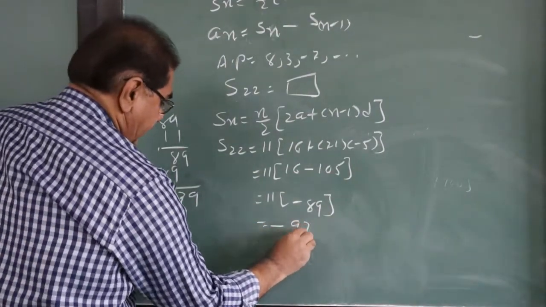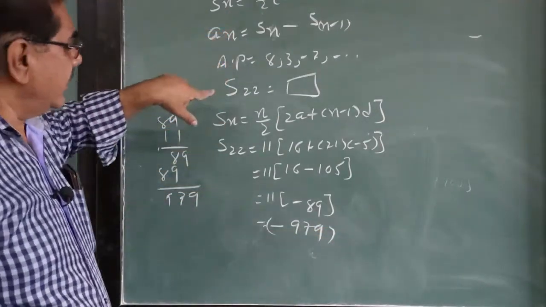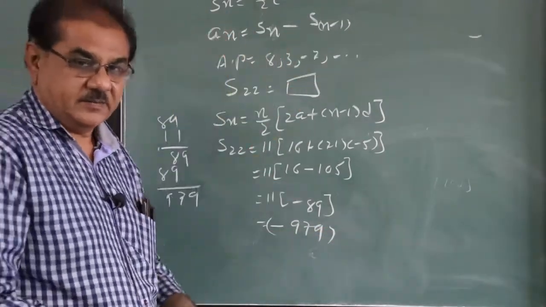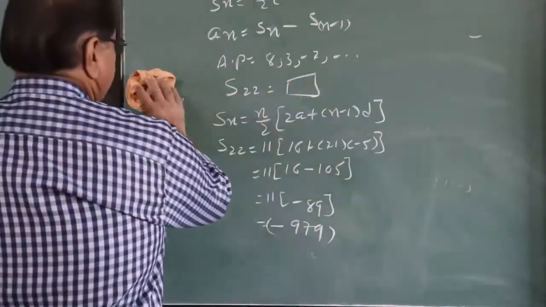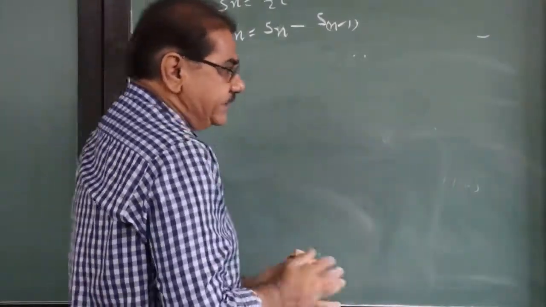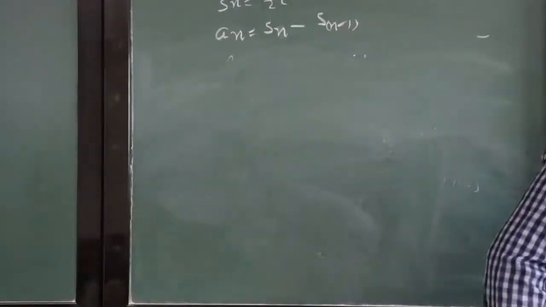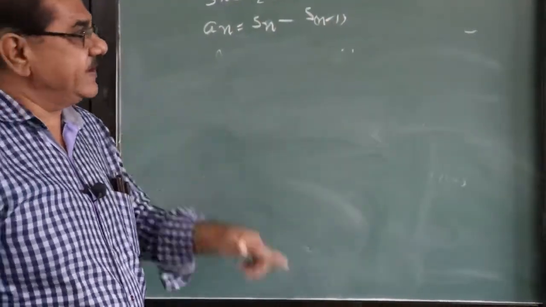Minus 979 is the sum of the first 22 terms of this AP. Is it clear? We go for the next example. If you solve all the textual examples, then naturally you can do the questions of the exercise very easily.